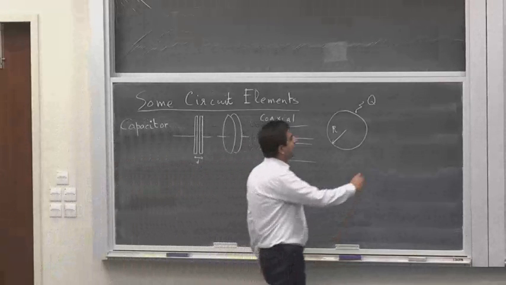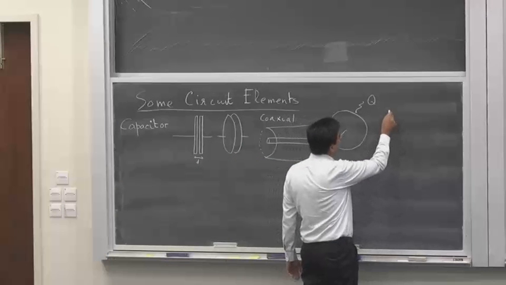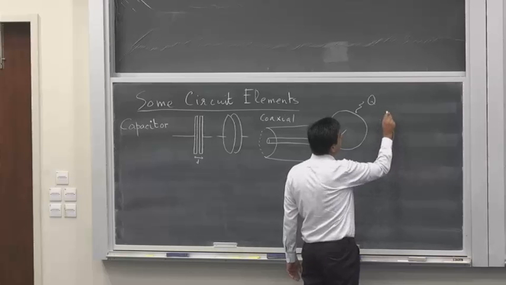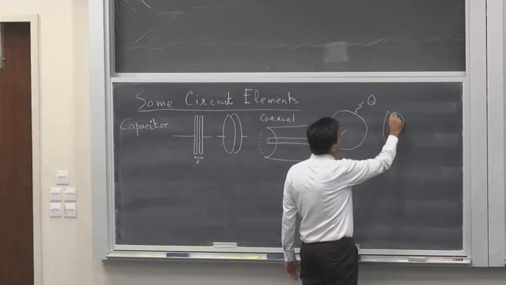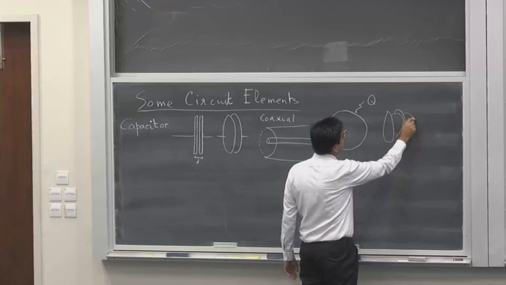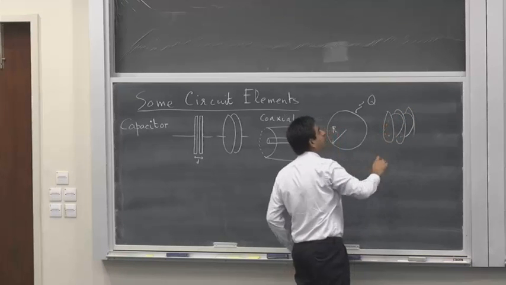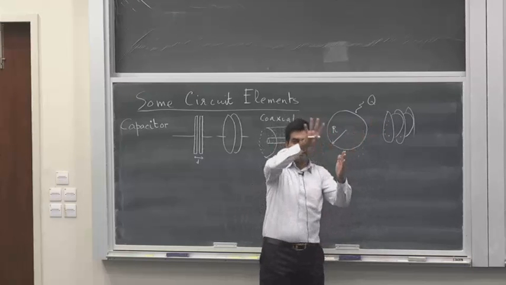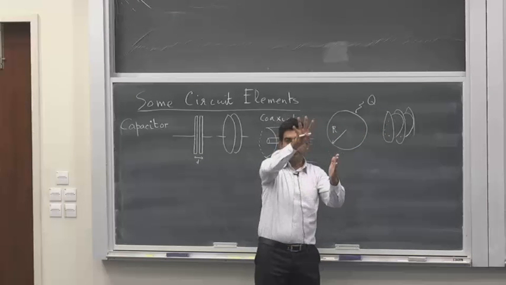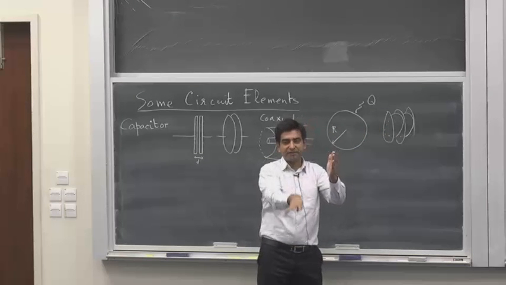In the old radio circuits, we had these circular capacitors in which we could rotate the orientation of one of the set of discs. So when you turn a knob, one of the set of discs rotates and the overlap area between the two plates changes.